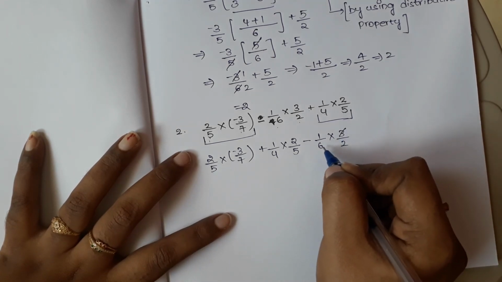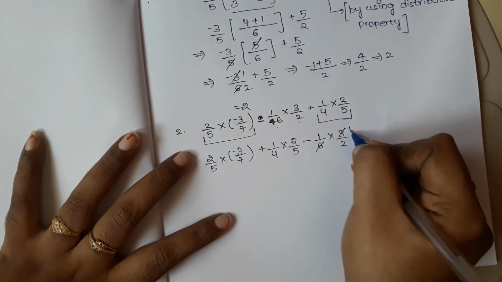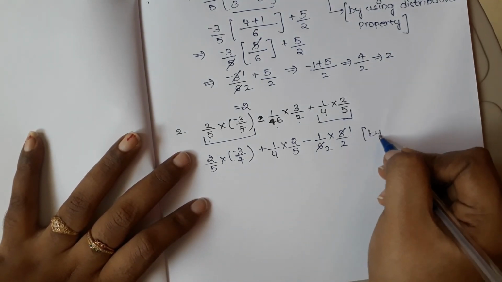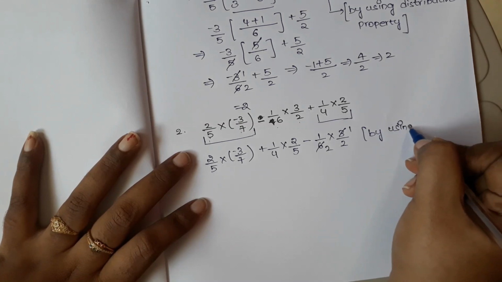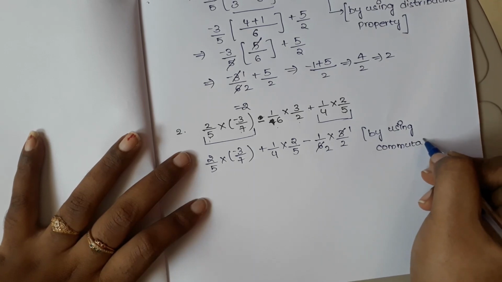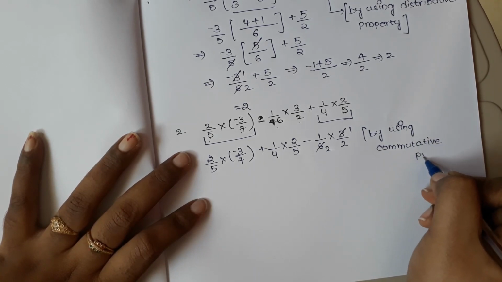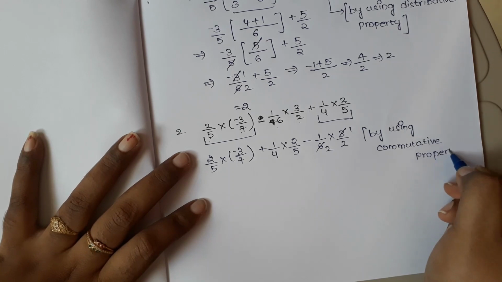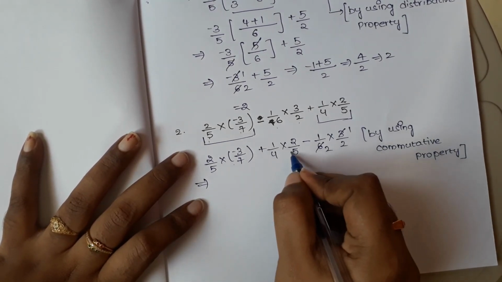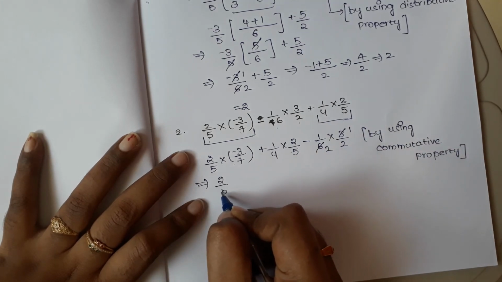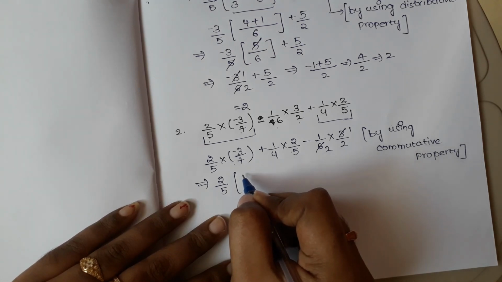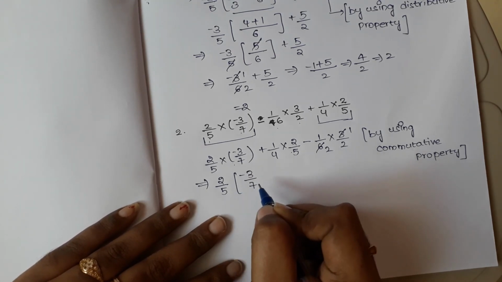From this product we have to cancel the 3s, 3 ones and 3 twos, by using the commutative property. And from these two products we have to take 2 by 5 as common, and this minus 3 by 7.